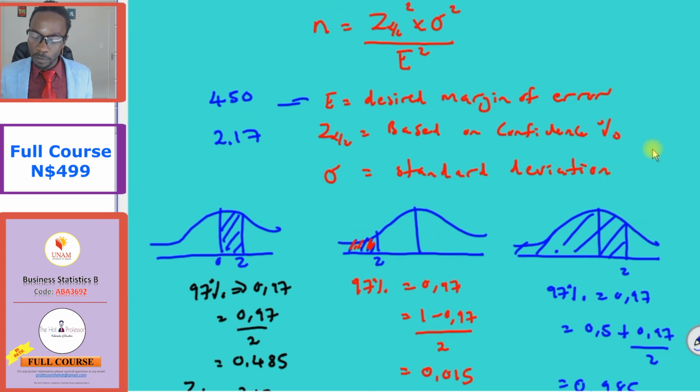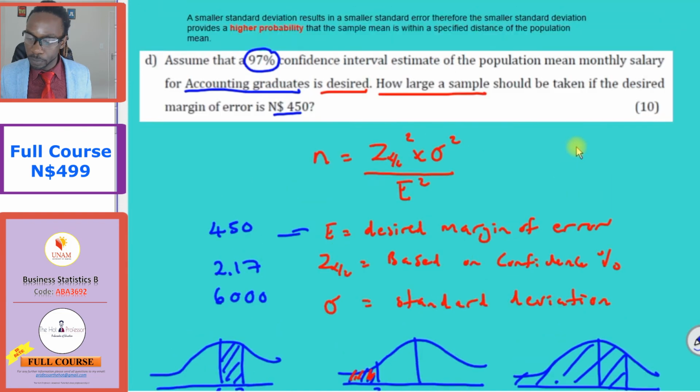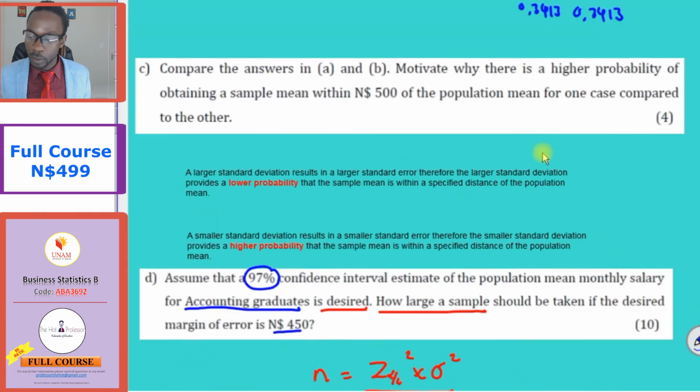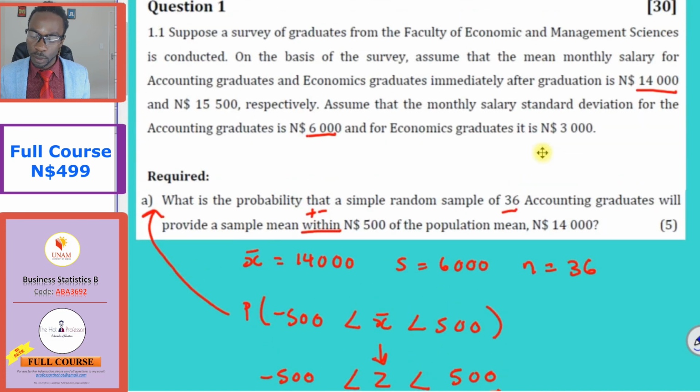Then our standard deviation, remember, for accounting graduates, they said accounting graduates. So for accounting graduates, we know it's 6,000. Is it true? We can just go back to our original question. For accounting graduates, assume the monthly salary standard deviation for the accounting is 6,000.